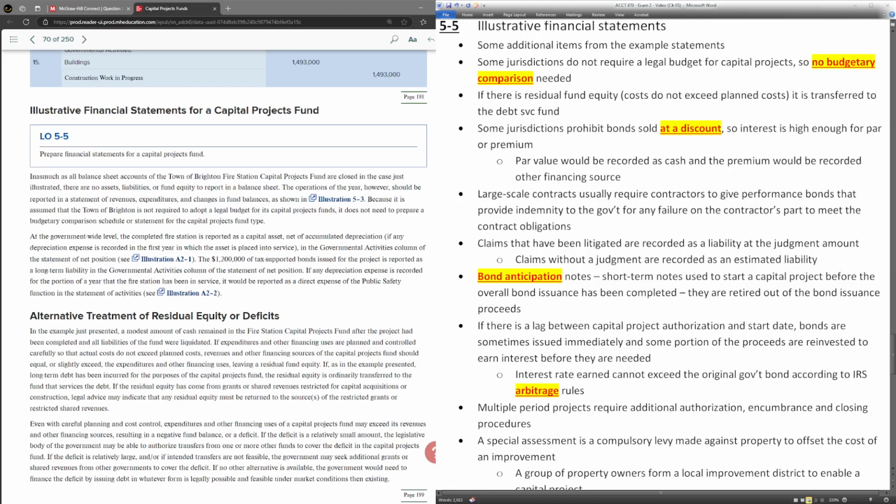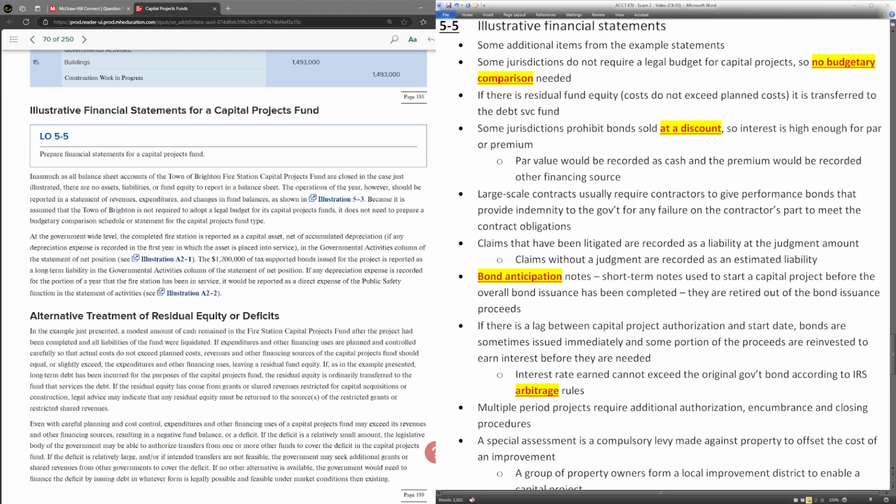If there is a residual, in other words, your construction came in under cost. Remember, the idea of the capital fund is that it's restricted or committed or assigned resources, and therefore it can only be used for that one thing. But once the project has been completed, you can then reclassify it because they no longer are restricted funds, because the restriction has now been satisfied.